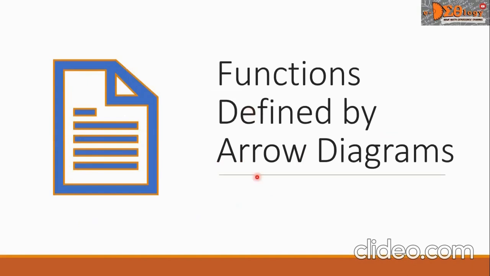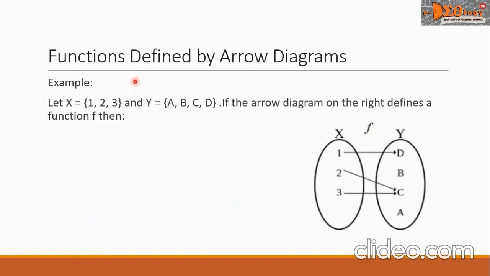Let's go now to functions defined by arrow diagrams. Let us have an example on how functions are defined by arrow diagrams. Let x equals 1, 2, 3 and y equals the set A, B, C, D. If the arrow diagram on the right, it's here, defines a function f, then let us answer some questions.